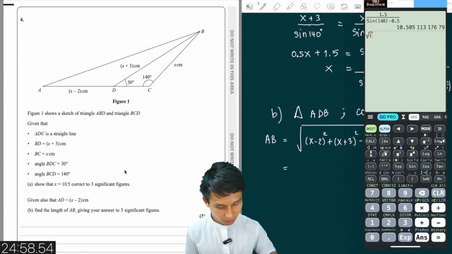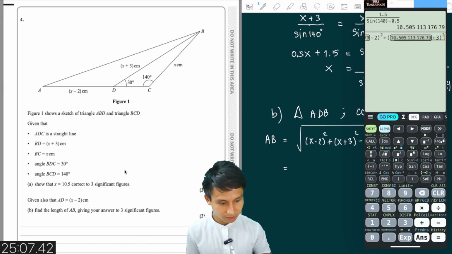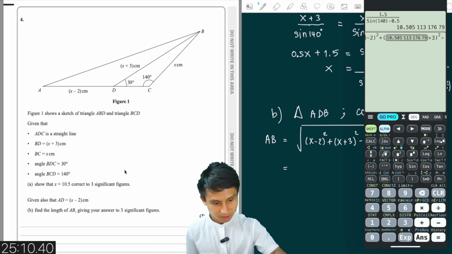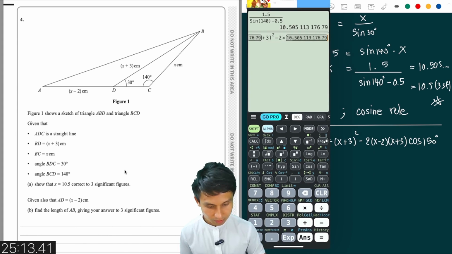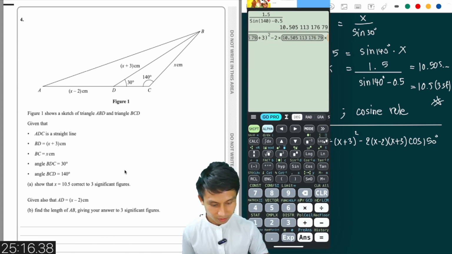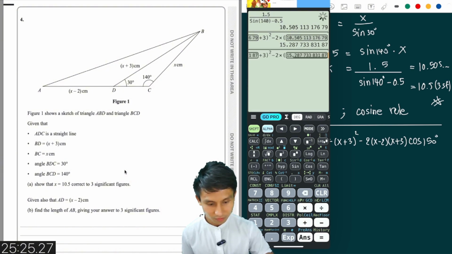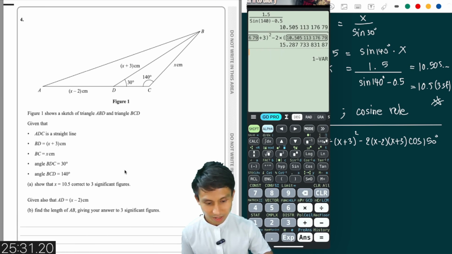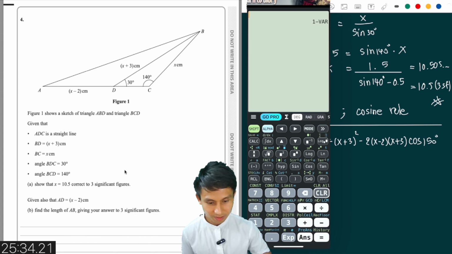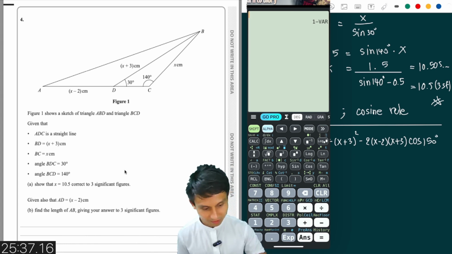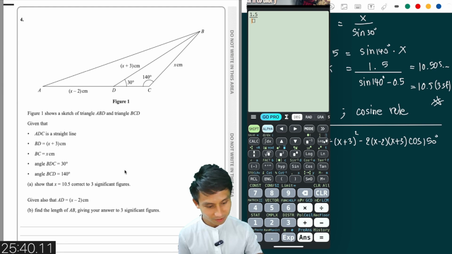So, brackets answer minus 2 squared, and then plus answer plus 3 squared, minus 2 times answer minus 2, wait, what? No, that's horrible. I kind of have trouble with the calculator from time to time. I'm going to start over because I already lost the information there.